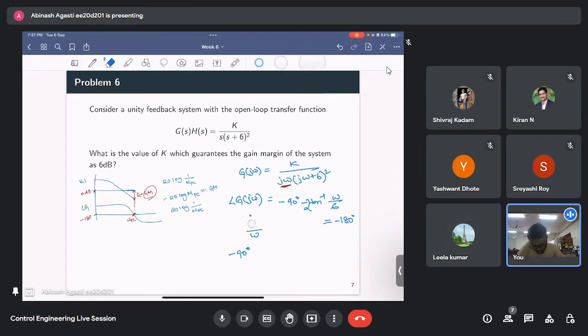Okay. So when we have multiple poles or multiple zeros, for poles we subtract their angles.